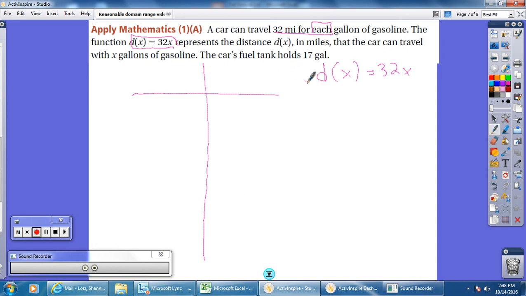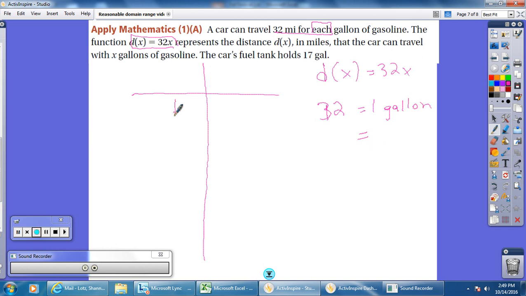Okay, so what would be our domain? Well, our x value, our domain, is the gallons of gas. So I can travel 32 miles on 1 gallon of gas. So how many miles can I travel, right?